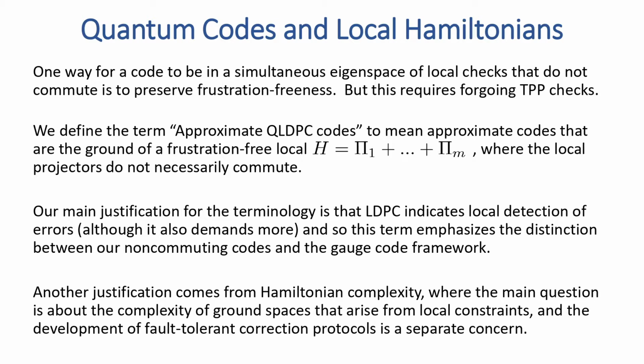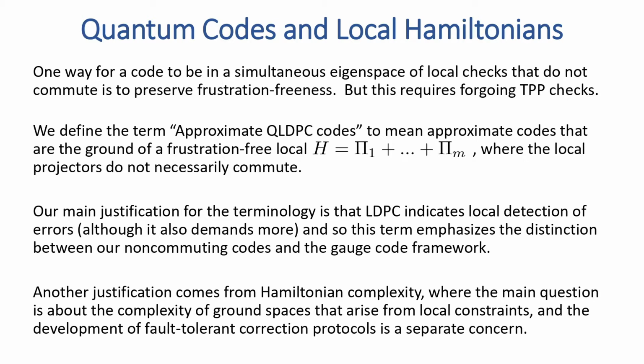So this is how we define the term approximate quantum LDPC codes. What we mean are approximate codes that are the ground space of a frustration-free local Hamiltonian. So it's some sum of projectors that do not necessarily commute, but the global ground state minimizes each projector individually.